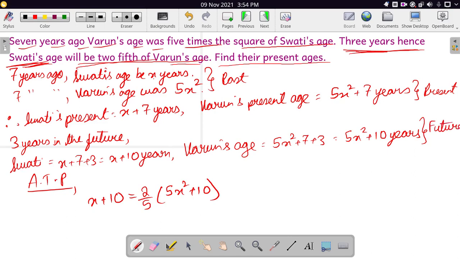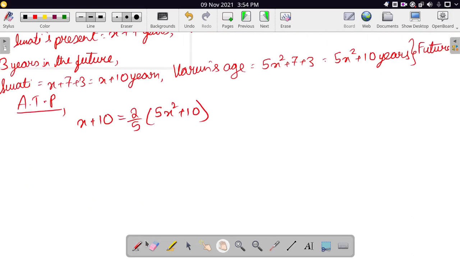Now we just need to solve this, then we are done with the question. So we simply cross multiply. When we cross multiply, you will see 2x square minus x minus 6 is equal to 0. After doing the middle term factorization, it will not be 3 and 2, since 2 into 6 is 12, it will be 4 and 3. So 2x square minus 4x plus 3x minus 6 is equal to 0.